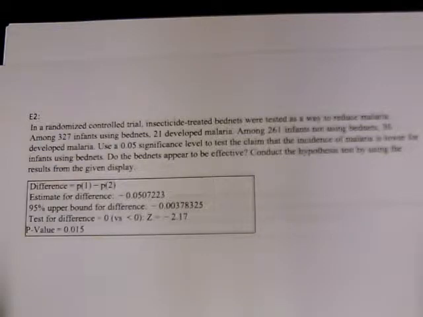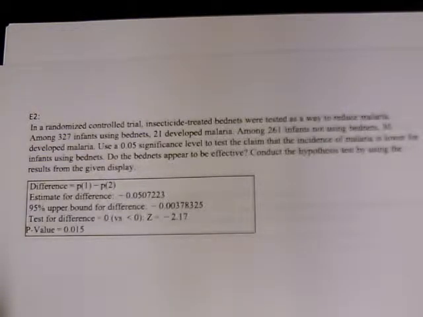Among 261 infants not using bed nets, 30 developed malaria. Use a 0.05 significance level to test the claim that the incidence of malaria is lower for infants using bed nets. Do the bed nets appear to be effective? Conduct the hypothesis test by using the results from the given display.